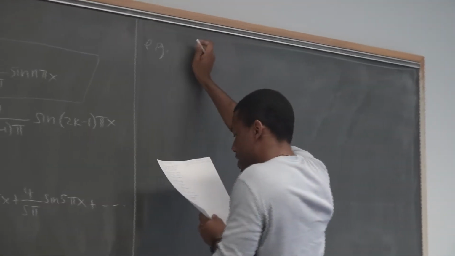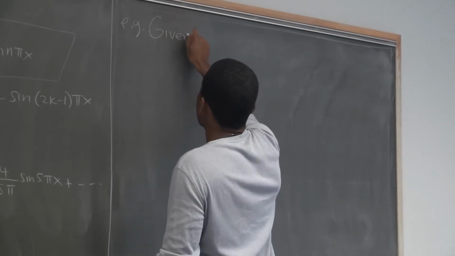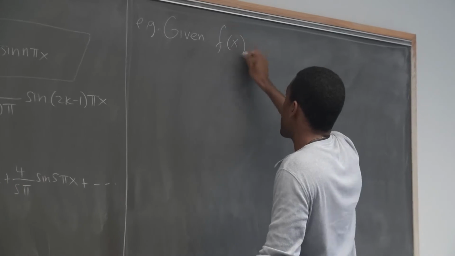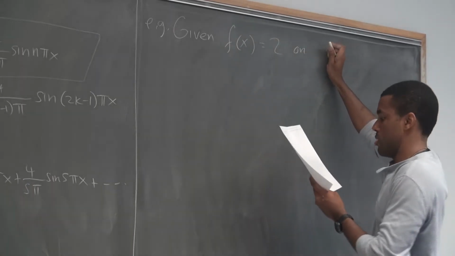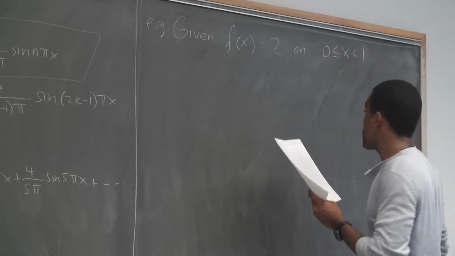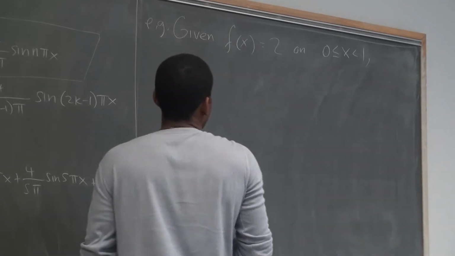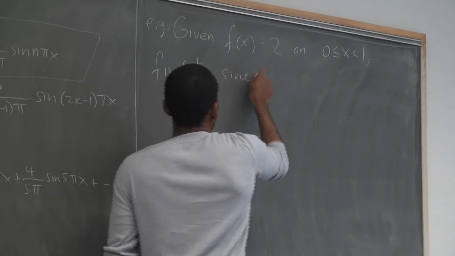All right. So here's one where we're going to extend it, right? So given, I'm going to make it very similar to this function, but I want it to be odd. So given f of x equals 2 on 0 to 1, you could be asked to say something like, find the sine series.